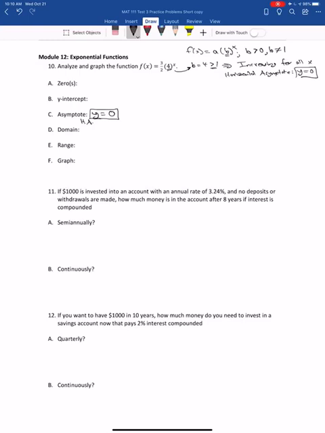So as you go to negative infinity on the x-axis, you're going to see this graph getting closer and closer to the x-axis, but never touching it. It's a horizontal asymptote, and this function has no zeros, with that horizontal asymptote at y equal to 0.